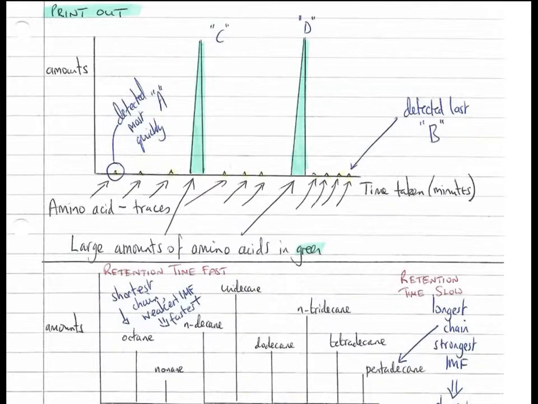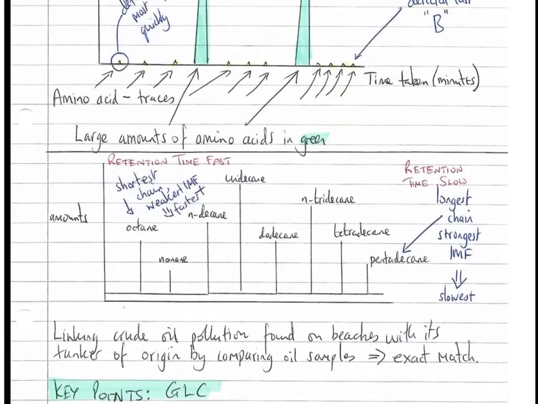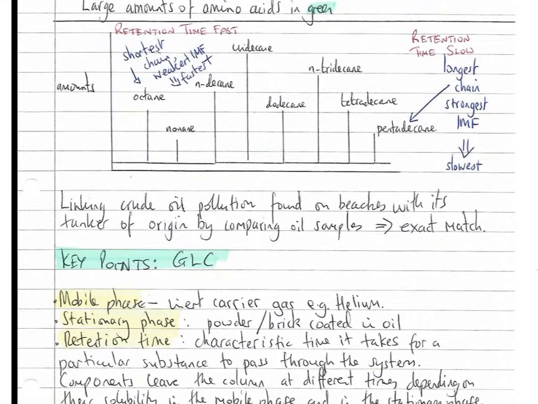So we can analyse amino acids present in a sample, and the large amounts are in green. We could also check to see which oil sample we might have. Let's say there's been an oil slick and we want to blame a particular company or tanker for this slick and prosecute. We can analyse the sample by again using gas-liquid chromatography.